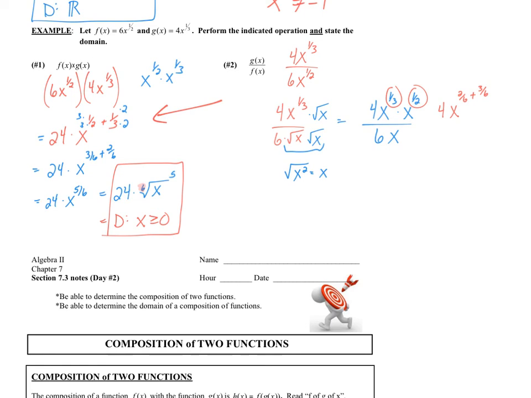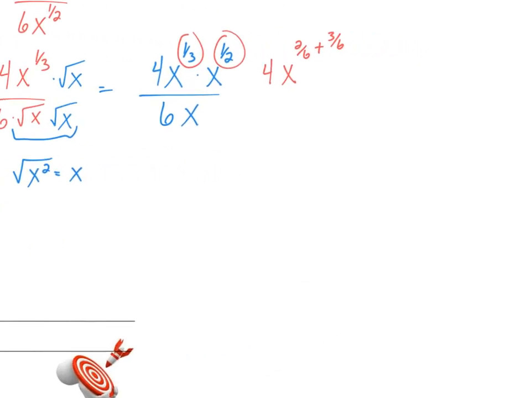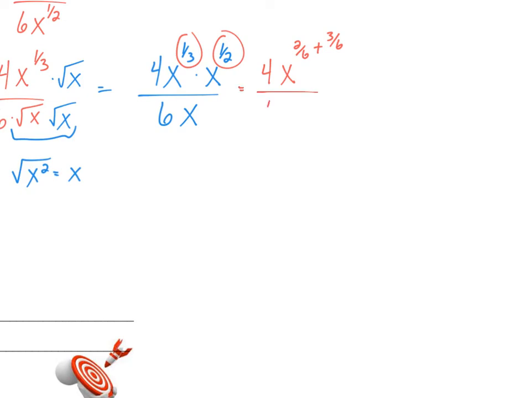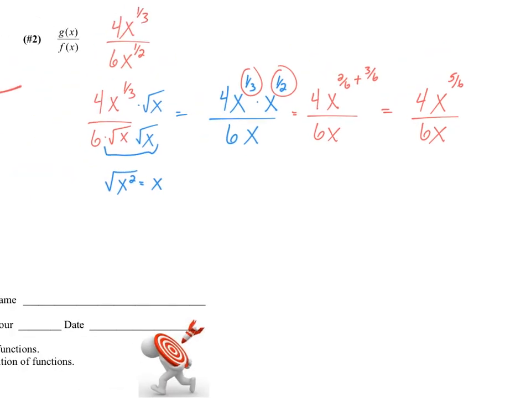I didn't show all the steps, but I made the fractions into denominators of 6. This is all over 6x, which is 4x to the 5/6 over 6x. Now what we really have is 4 times the 6th root of x to the 5th power over 6x.